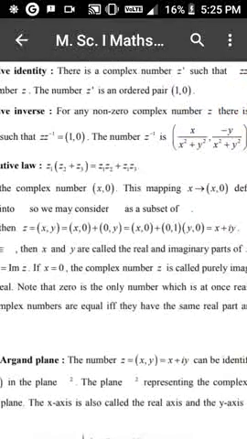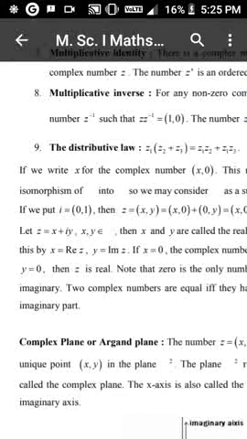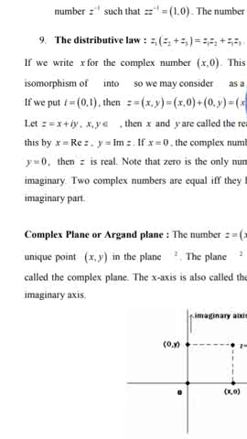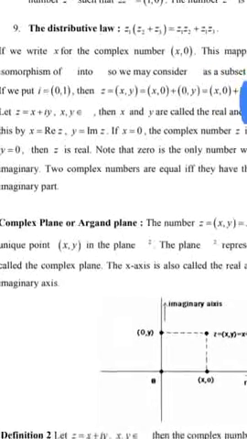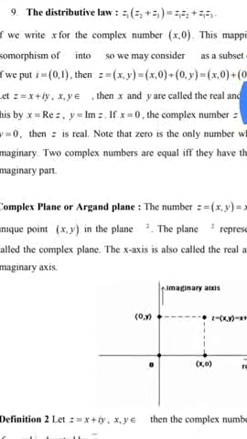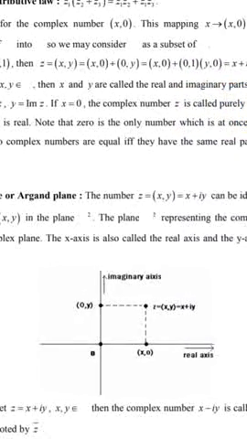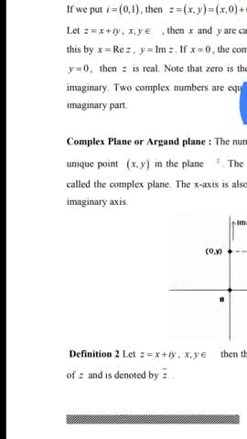If we write x for the complex number (x, 0), this mapping x to (x, 0) defines a field isomorphism of R into C, so we may consider R as a subset of C. If we put i is equal to (0, 1), then z is equal to (x, y) is equal to (x, 0) plus (0, 1) into (y, 0) is equal to x plus iy.